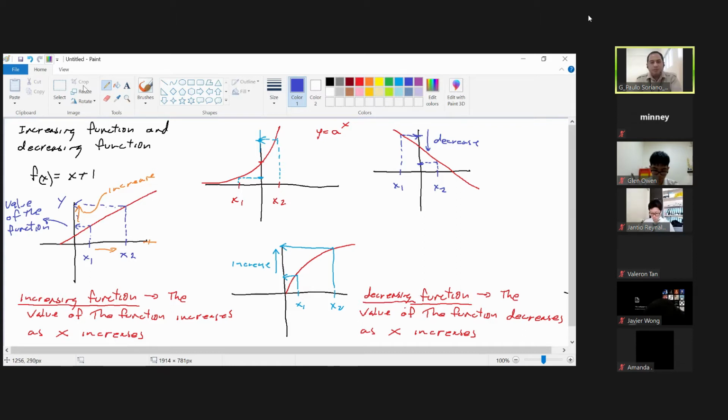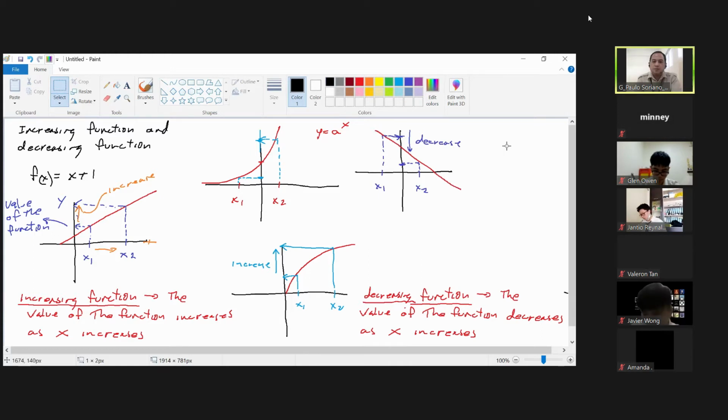Other examples of decreasing functions, we can also have the opposites of all of these. Opposite of this one: negative value in the logarithm, negative a in logarithm or exponential. This is the graph of x raised to n of negative a. Okay, like this.